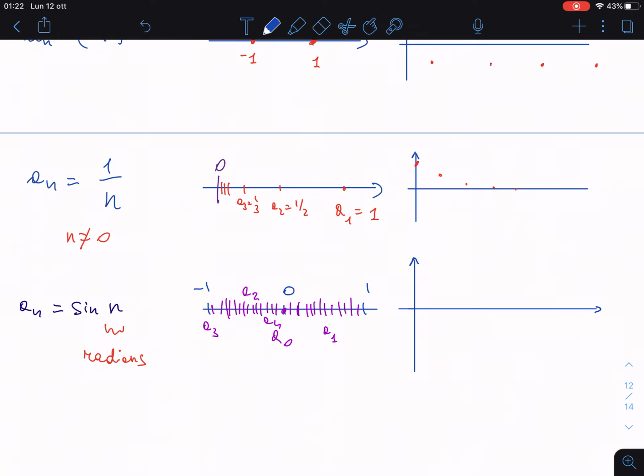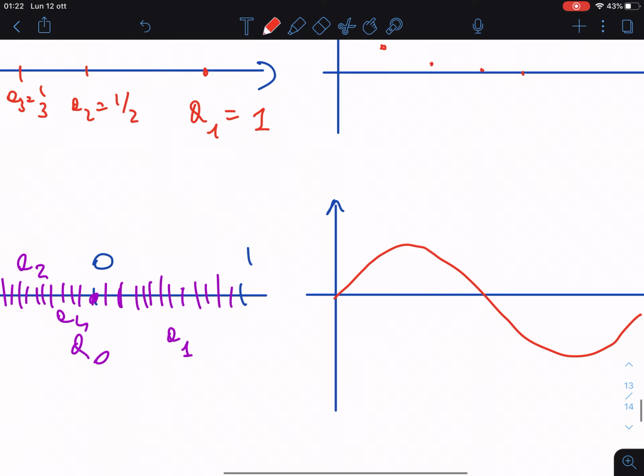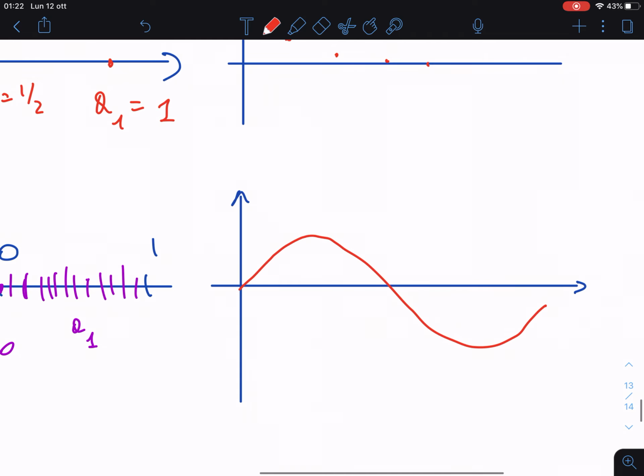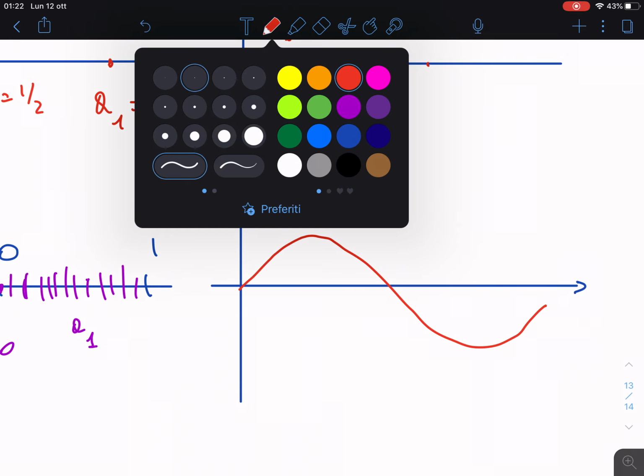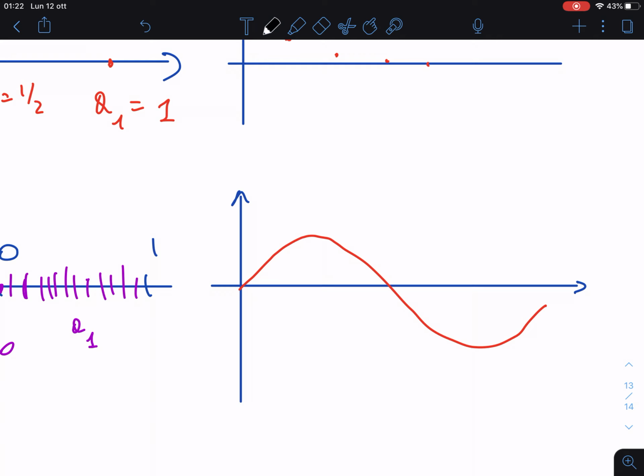The clearer way means that you draw the graph of the sine, and then you start discussing it and just say that here 0, here there is 1, here there is 2, here there is 3, and so on and so on.